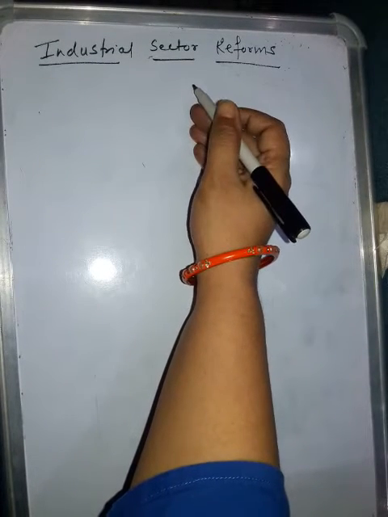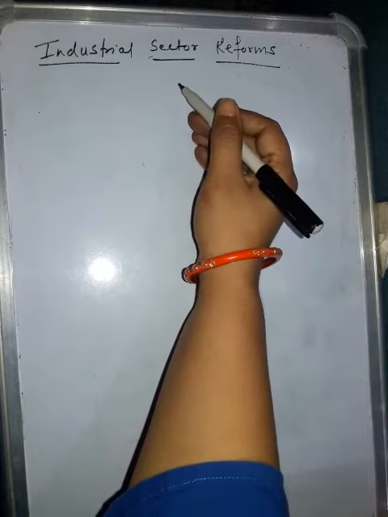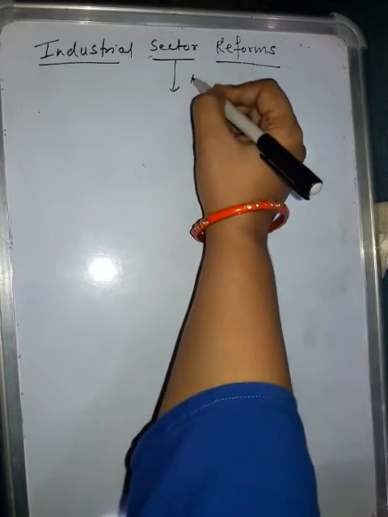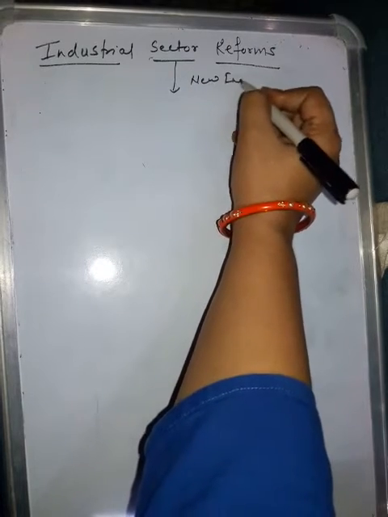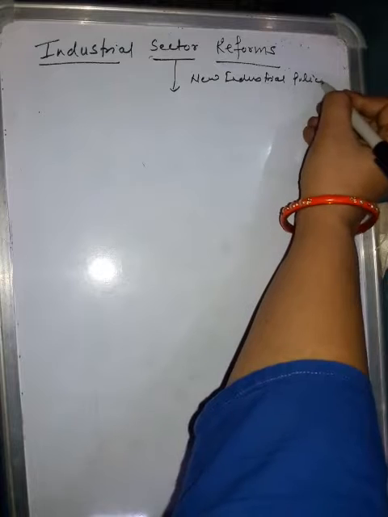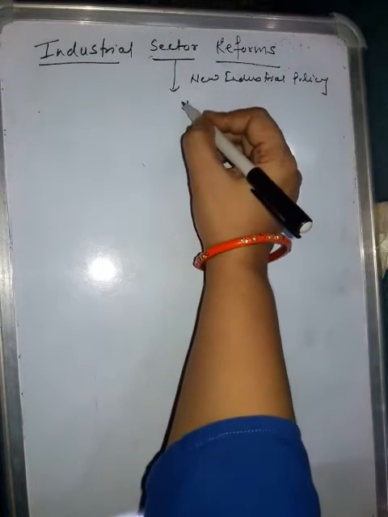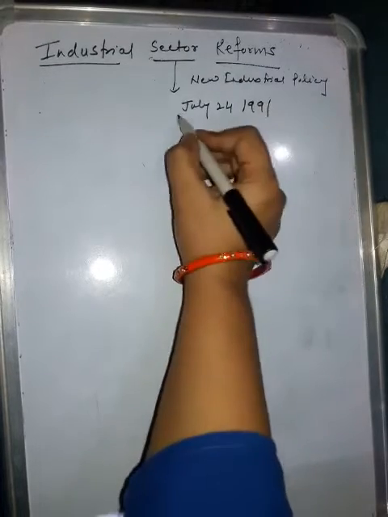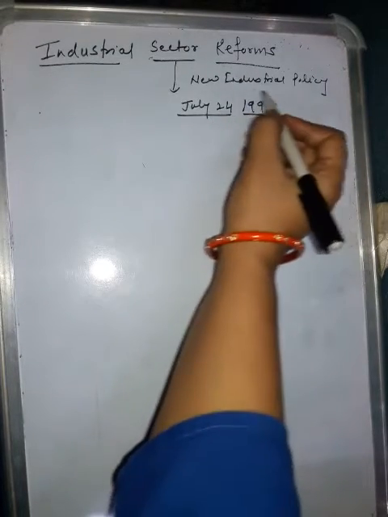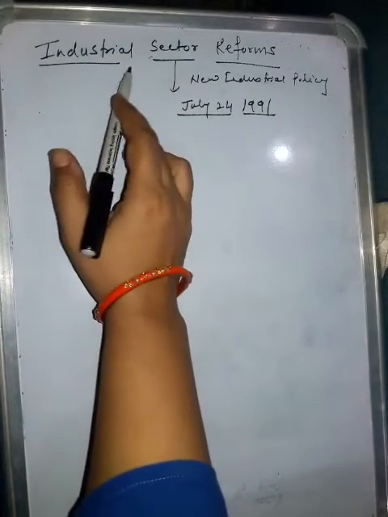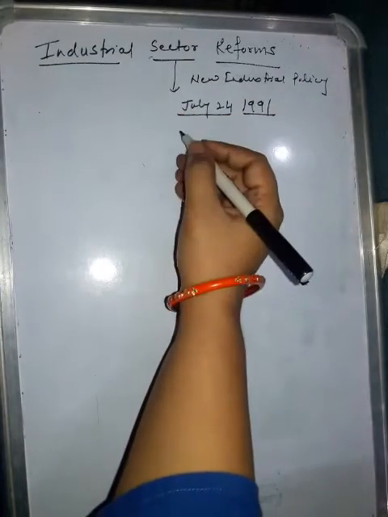In order to make necessary reforms in the industrial sector, the government of India introduced a new industrial policy. It was introduced by the government on July 24, 1991. On July 24, 1991, the government introduced the new industrial policy for the industrial sector reforms.